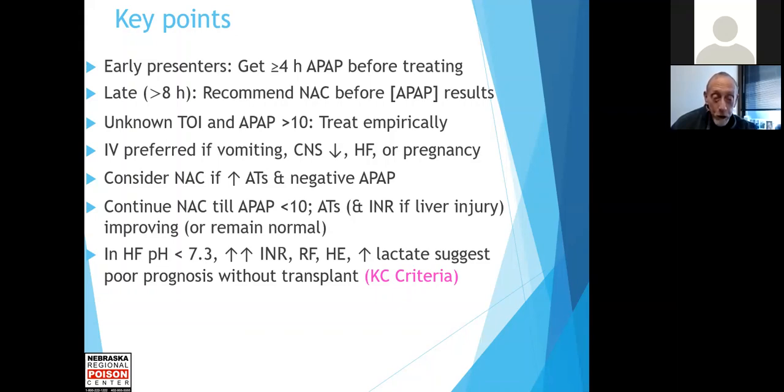Typically, we'll repeat that in 12 hours or so. And we'll continue the treatment until we get that next set. If they're getting treated for serious liver injury, then we care about the King's College criteria. We care about the coagulopathy, mental status, and the kidney function.